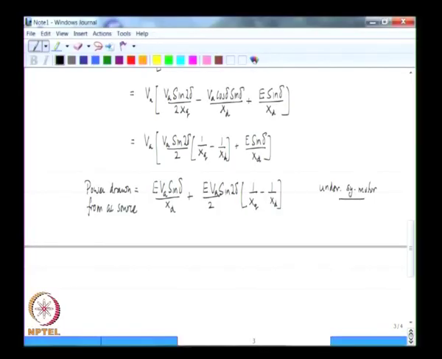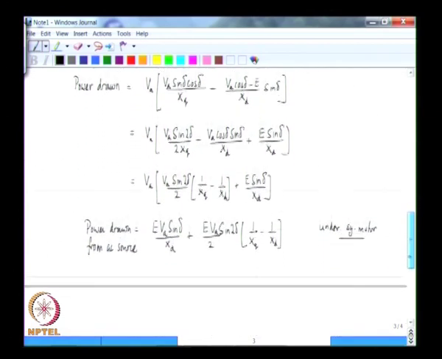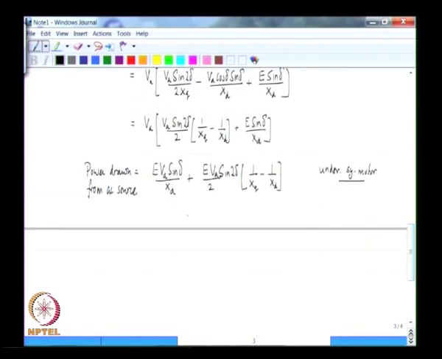You will find that the expressions look the same. The method of derivation is also along the same lines. So, in this manner one can then do the steady state analysis of the synchronous machines.